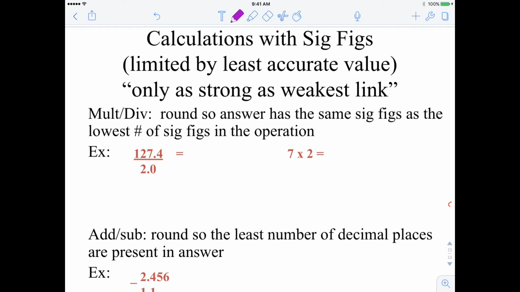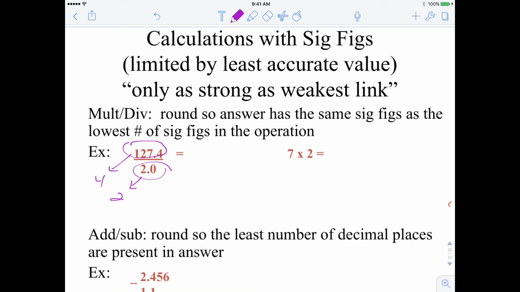Well, let's look at this first example. The top number here has 4 sig figs. The bottom number here has 2 sig figs. So I do the math in my calculator. So if I take out my calculator, which I do have right here, and I try this out. So let's give it a try. We're going to do 127.4 divided by 2.0.